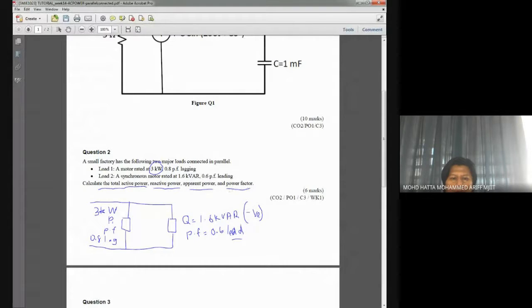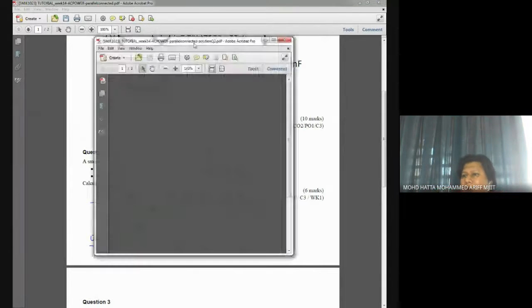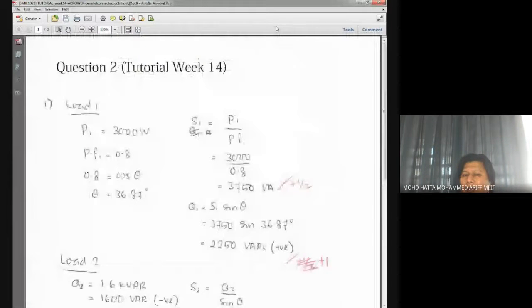So for the solution, as I sketched earlier, we have 2 loads. The first one is load 1, having active power of 3 kilowatts or 3000 watts, and a power factor of 0.8.